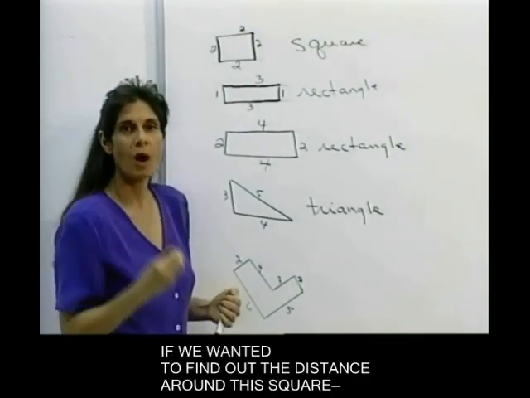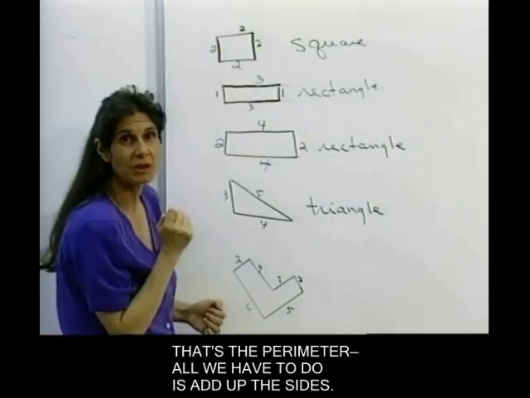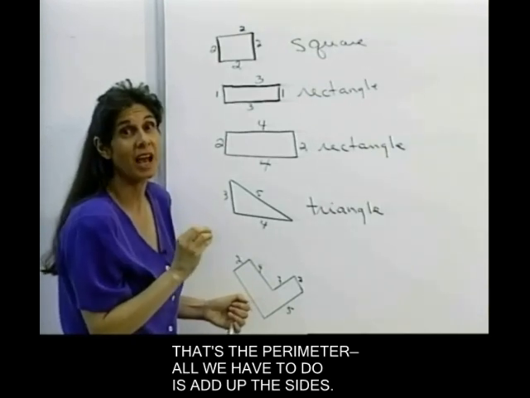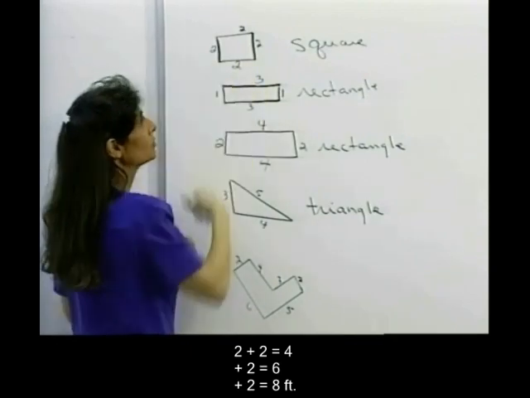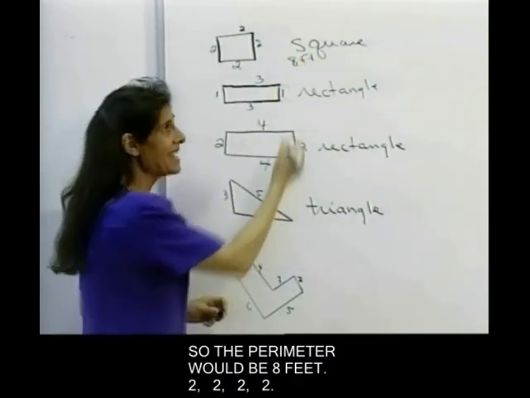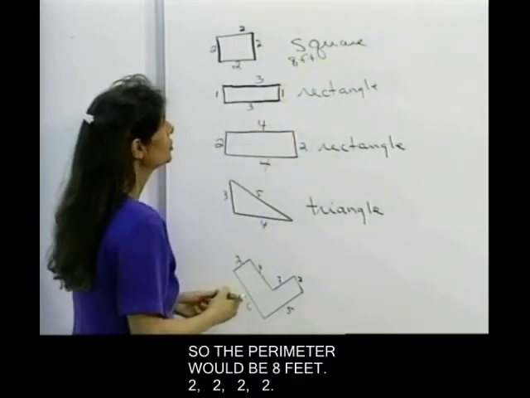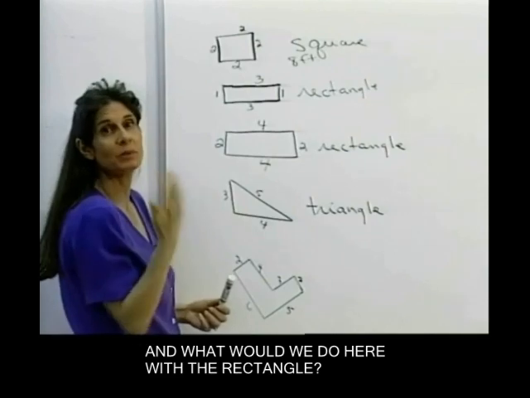If we wanted to find out the distance around this square, that's the perimeter, all we have to do is add up the sides. 2 plus 2 is 4, plus 2 is 6, plus 2 is 8 feet. So the perimeter would be 8 feet. And what would we do here with the rectangle? Well, we would do the same thing.